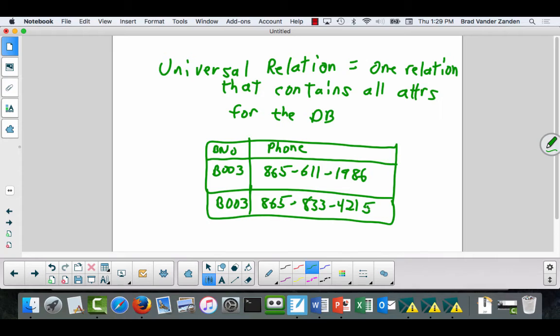Okay, and when we do that, we may decide that branch number is a primary key, yet it has a repeating value. So branch number does not uniquely determine phone. But we might decide that phone is a multivalued attribute.